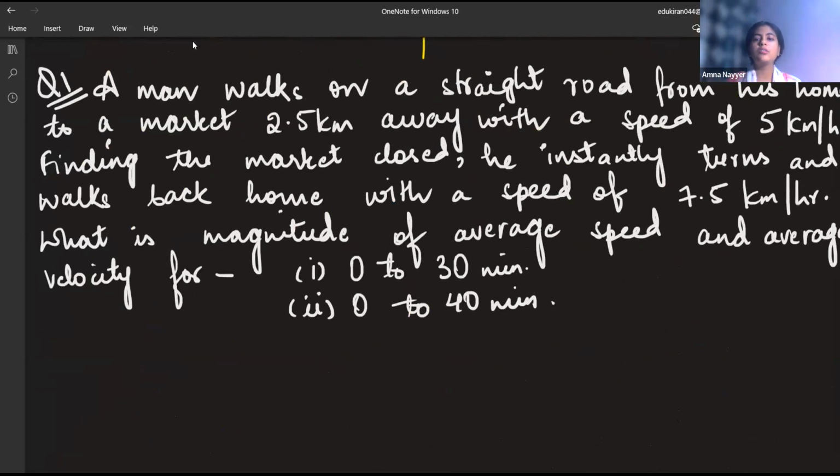A man walks on a straight road from his home to market 2.5 kilometers away. It means this is the home and this is the market.